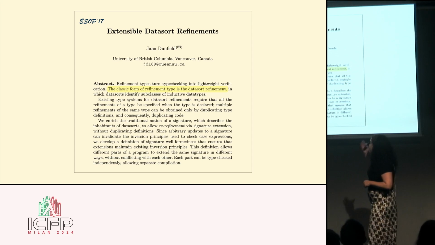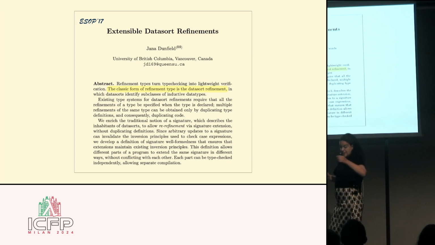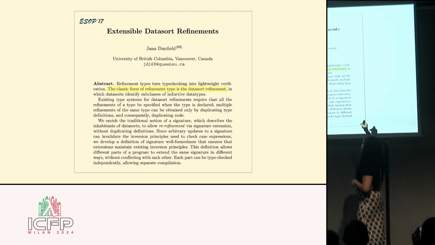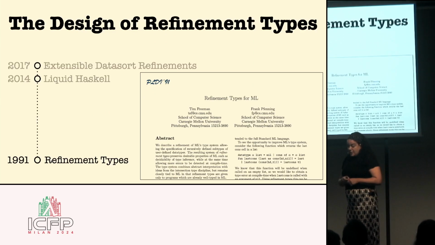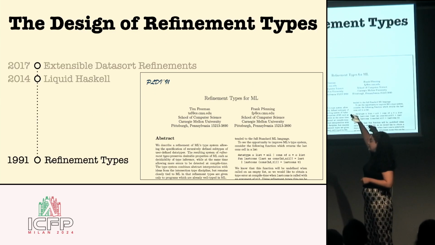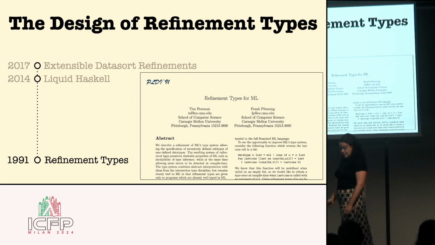And Jana here at the very beginning says, yes, this is not the refinement types of Liquid Haskell, for example, but these data sort refinements refer to the classic form of refinement types, that is data sort refinements.